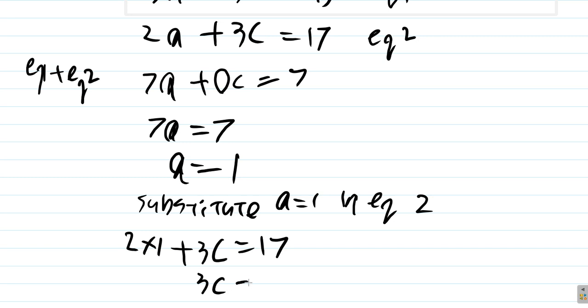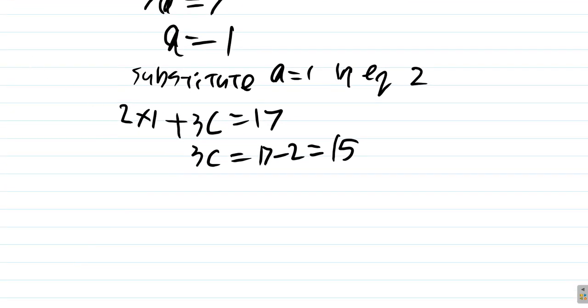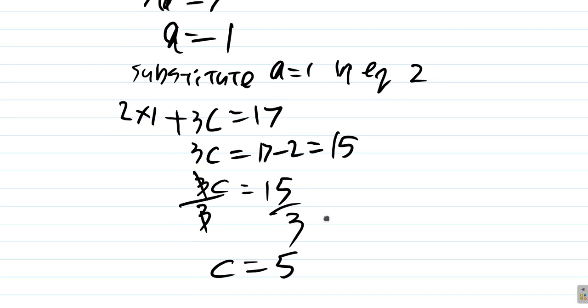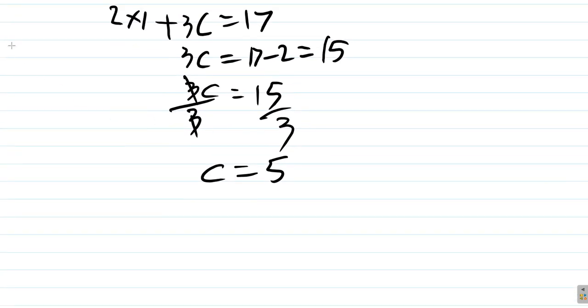So 3c would be 17 minus 2, which is 15. So 3c is 15. If you divide both sides by 3, you cancel 3, you get c is equal to 3 into 15, 5. So the answer is a is equal to 1, c is equal to 5. A equals 1, c equals 5. You see that?